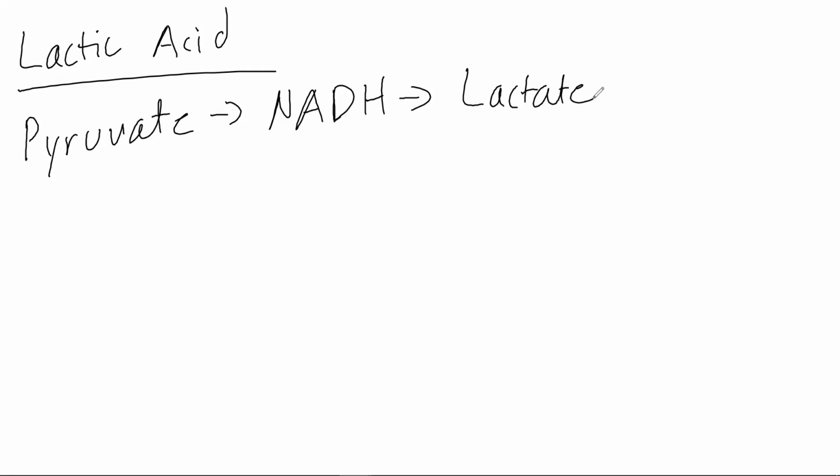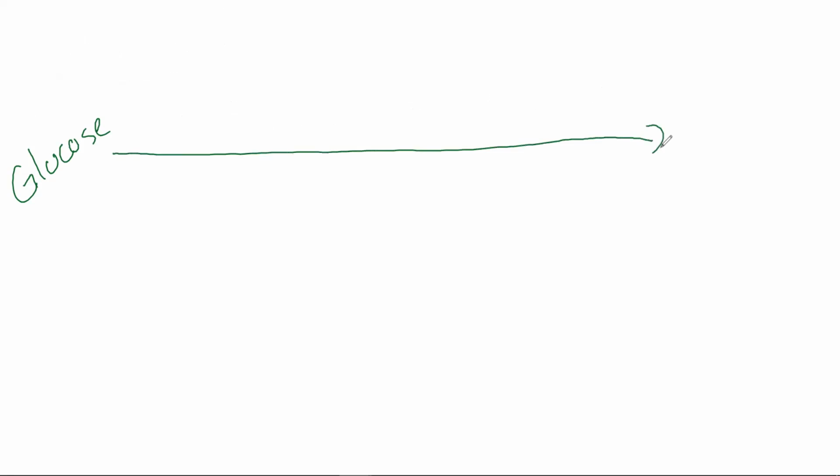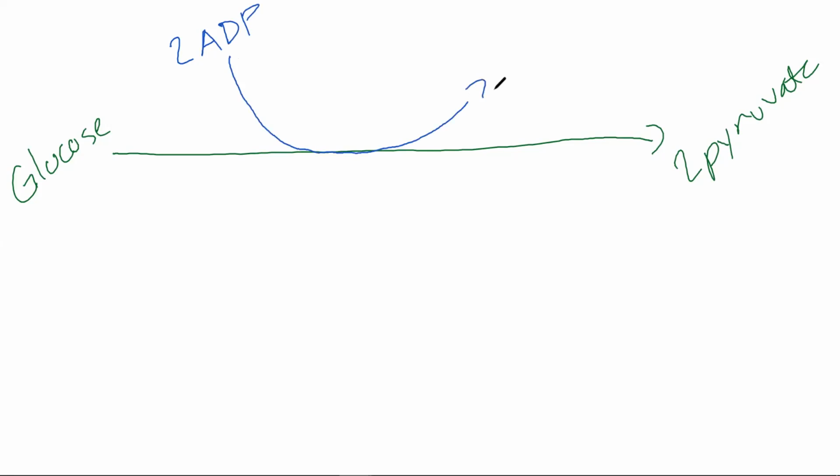So, y'all ready to have another picture? Yes, please. All right, now that we have that definition down, let's do another picture. Picture time. Let's do glucose in green today. So I have my glucose. Glucose is broken down into 2 pyruvate. Y'all remember the process of how glucose is broken down into pyruvate? When it does that, 2 ADP gets phosphorylated into 2 ATP.